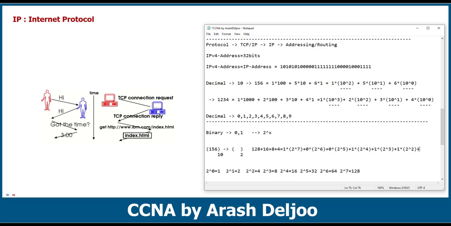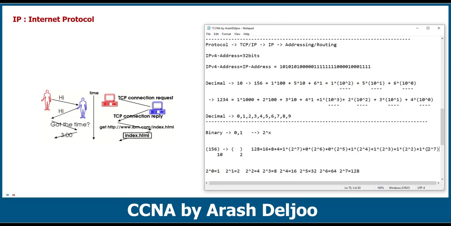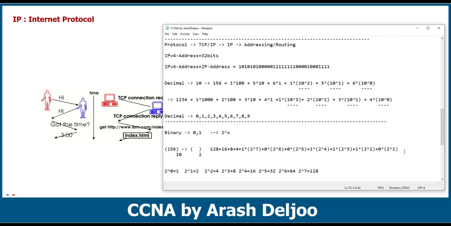I didn't use 2 to the power of 1. Because of that, let me use 0 multiply 2 to the power of 1. Okay, and after that I didn't use 2 to the power of 0. Because of that, let me use 0 multiply 2 to the power of 0. That's it. Now this is the binary representation of the value 156.